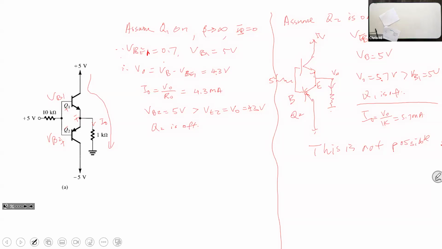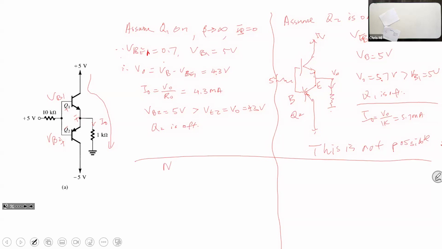Professor, you mentioned that when our emitter voltage is greater than our base voltage, that means it's off, right? For NPN, if the emitter is higher than the base, then it will be off. For PNP, the emitter is higher than the base to be on.